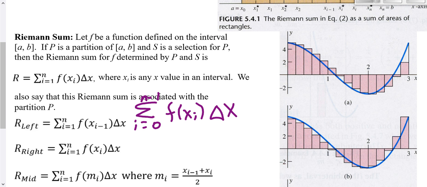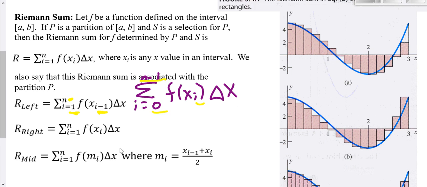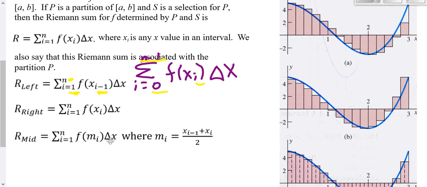Now, for the most part, these are all off by 1 with what they're saying here, so it doesn't really make a difference. Your right endpoint we always had starting at 1. Your midpoint would be slightly different for figuring out x sub or m sub i, the middle of it, and you would go ahead and use this here.